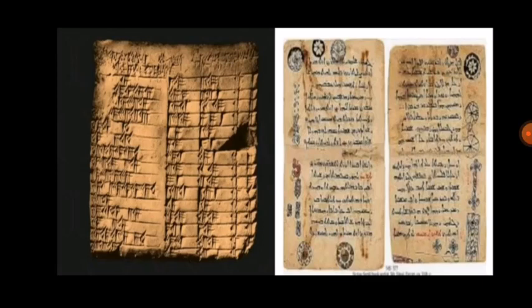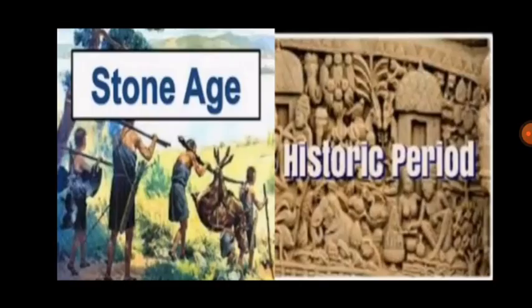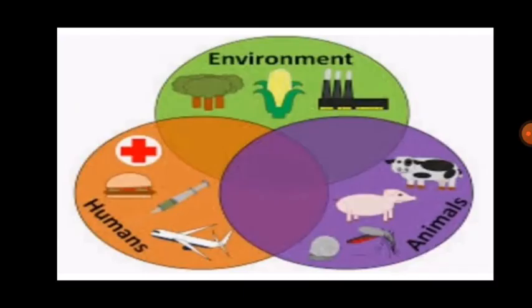You can see that there are two different types of scripts that were used during this period. So here you can see there are two examples of script. In other words, with the rise of ancient civilizations, the New Stone Age came to an end and the historic period began. Now let's see what is culture.